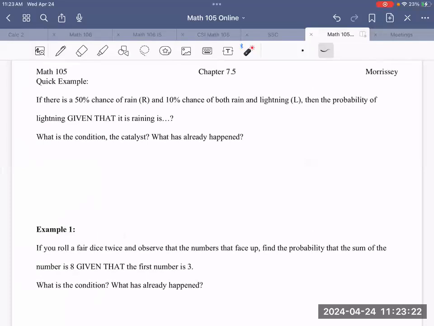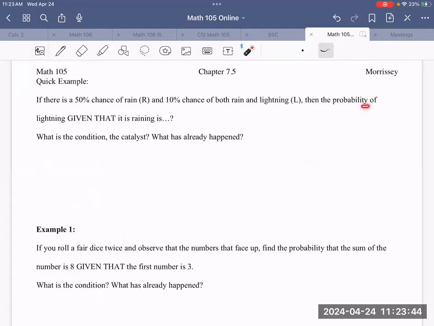So, a quick example. It says, if there is a 50% chance of rain, R, and a 10% chance of it both raining and lightning, then the probability of lightning, given that it's raining, is... So what is the condition? What is the catalyst? What is happening right now?